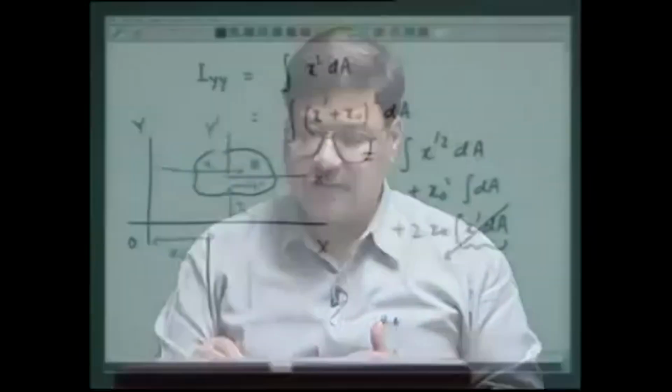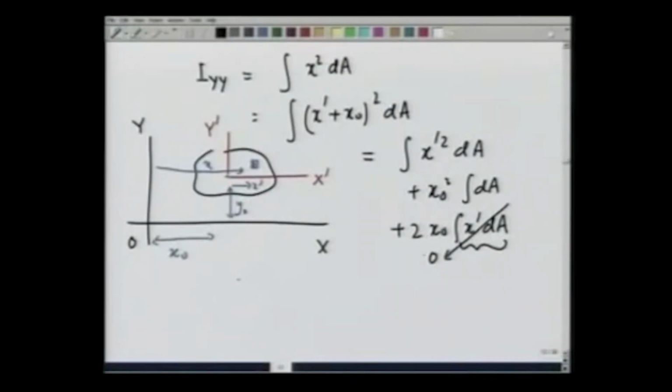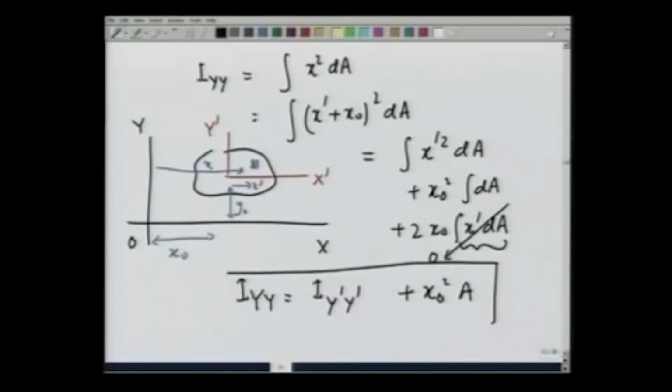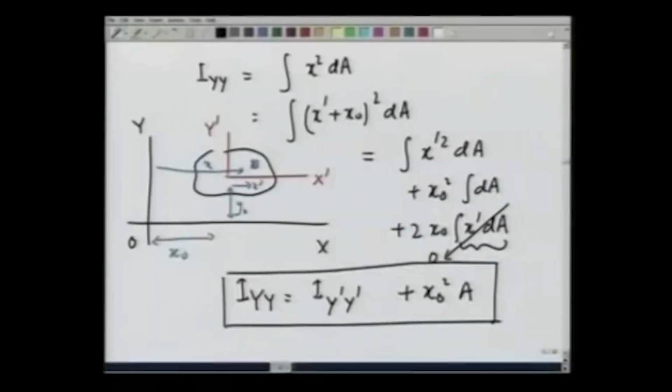So this is 0. So I get Iyy is equal to Iy prime y prime plus x0 square A. So it is as if the entire area is concentrated at the centroid, plus whatever the second moment of area is about the axis passing through the centroid.